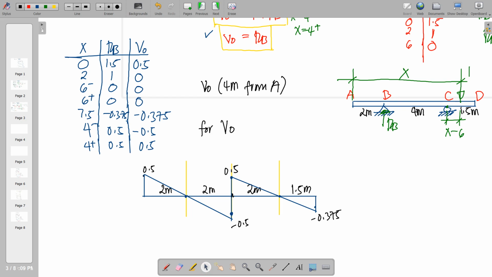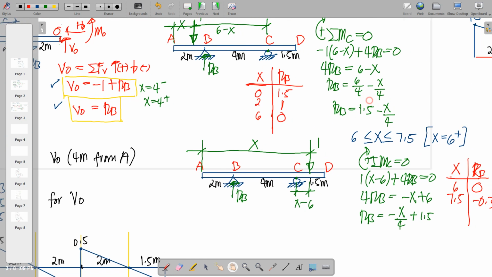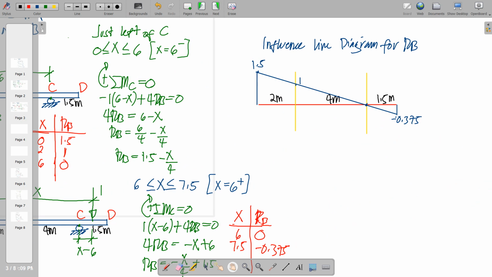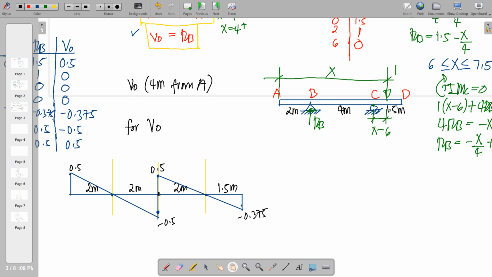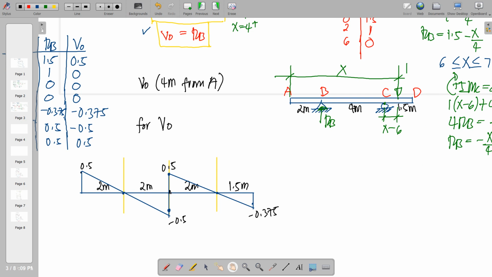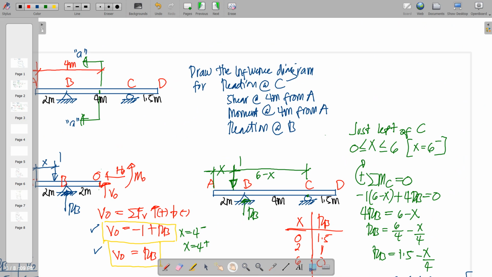So in this particular problem, we have already hit two birds with a single stone, because at the same time we have established the influence line diagram for RB, and consequently we have the shear at O. So we are done with the reaction at C, shear, and then reaction at B.